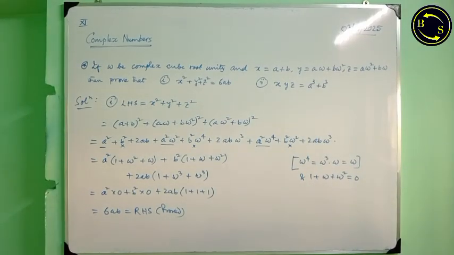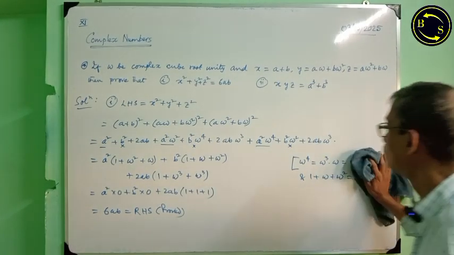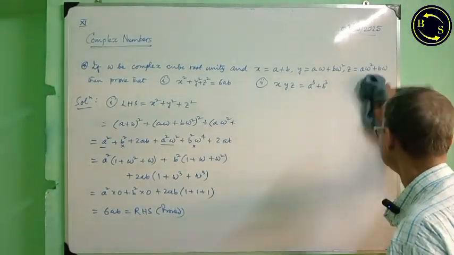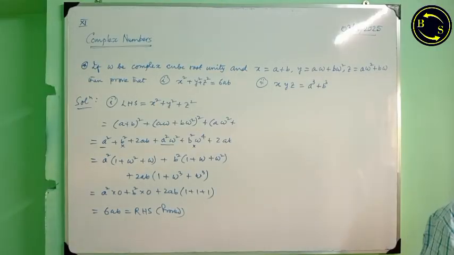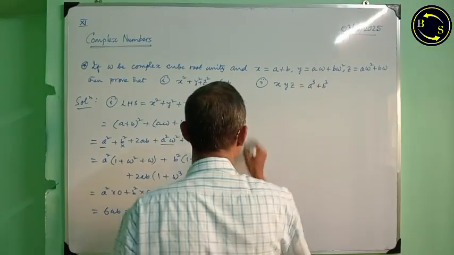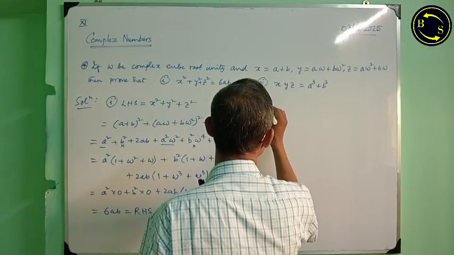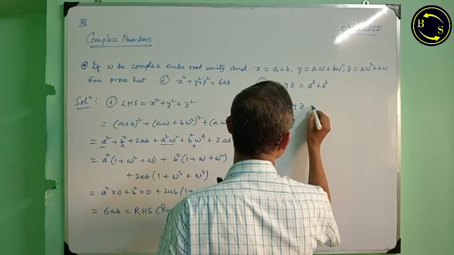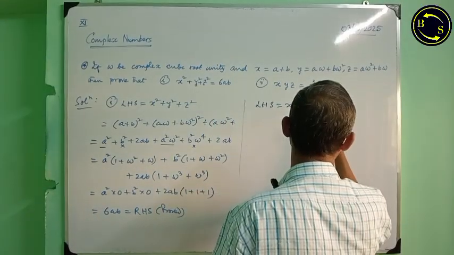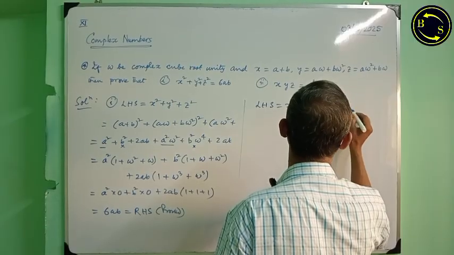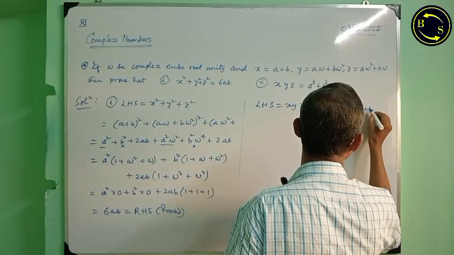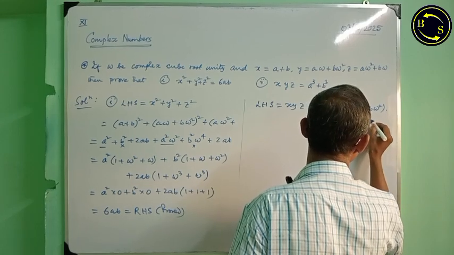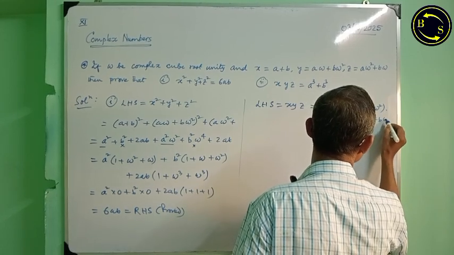Now, the second one, LHS: x, y, z. First I put the values: a plus b, a omega plus b omega square, into a omega square plus b omega.